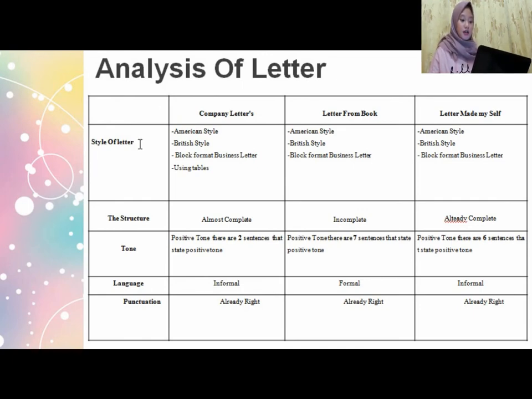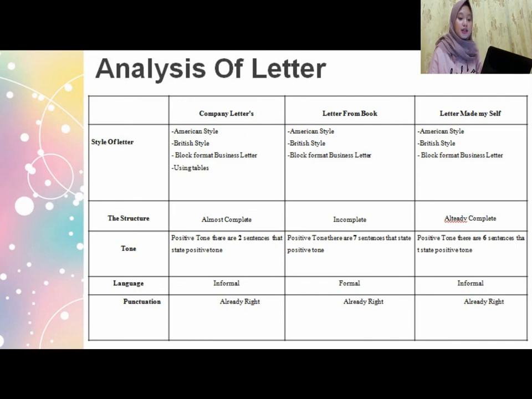First, style of letter. There is American style, British style, and block format with this letter. The structure of the letter made by myself is already complete. Tone of the letter made by myself. There is a positive tone.